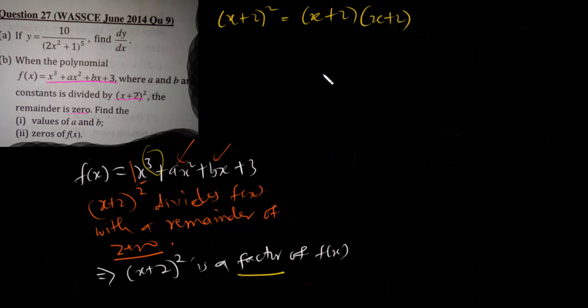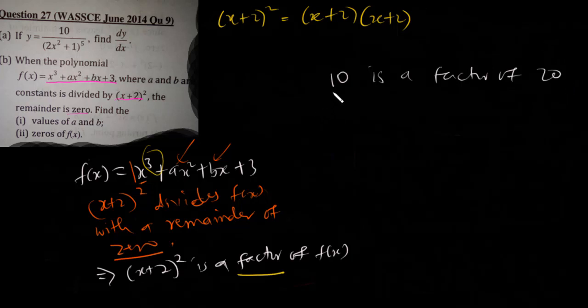Now if (x + 2)^2 is a factor of f(x), then any of the linear factors is also a factor of f(x). I hope it is clear here. That is what I'm trying to say. Let me try to give an example. If we are told that 10 is a factor of 20, this is true, because 10 divides 20 with a remainder of 0.